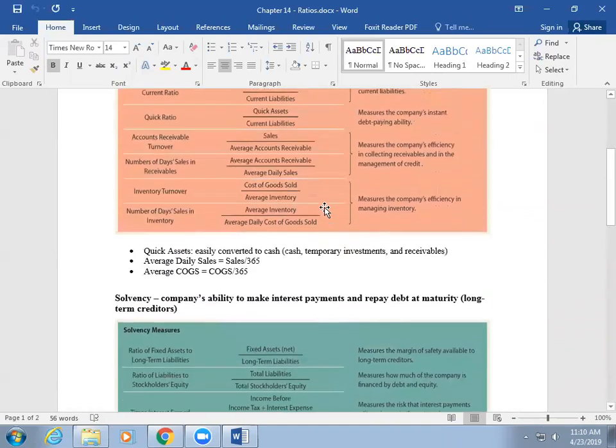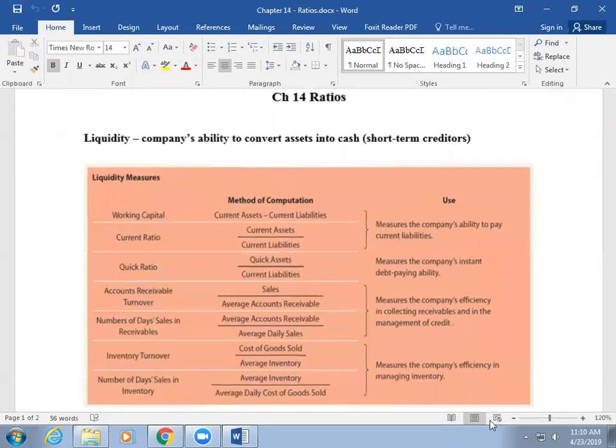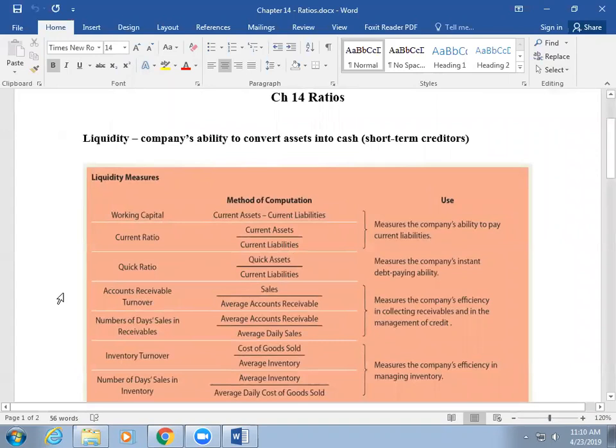As you can see, there's liquidity. Since we're not doing a full-on lecture, liquidity is just a measure of the company's ability to convert assets into cash. So we're looking at current assets generally, because those are the most liquid: cash, checking, savings, but also inventory that could be sold for cash, prepaids, things like that.